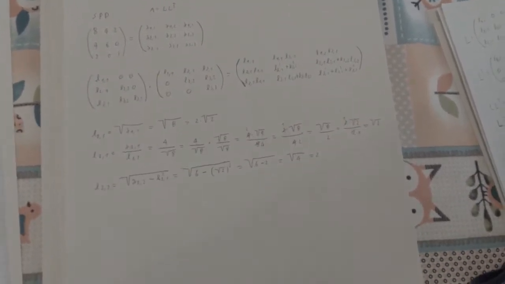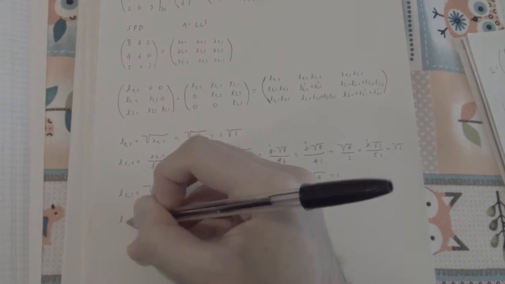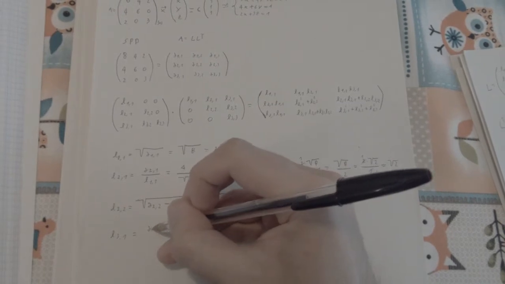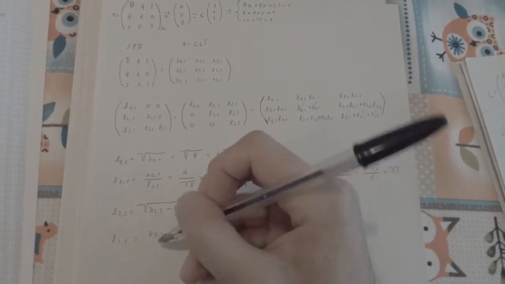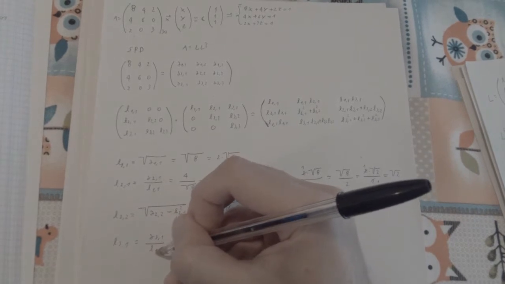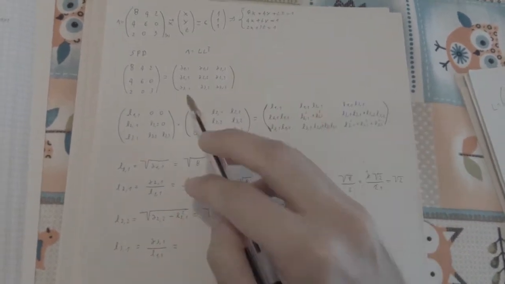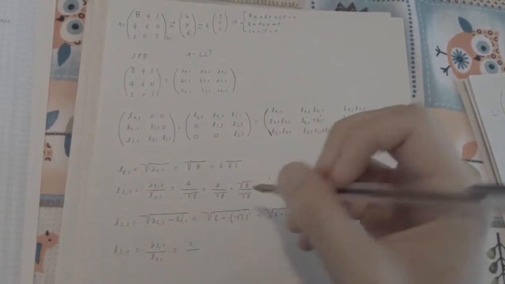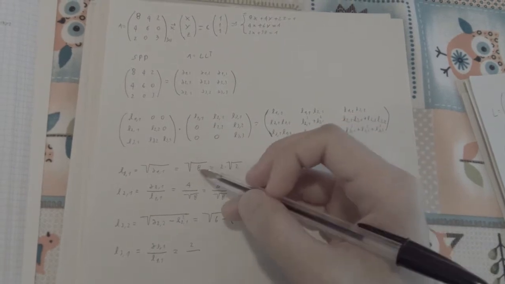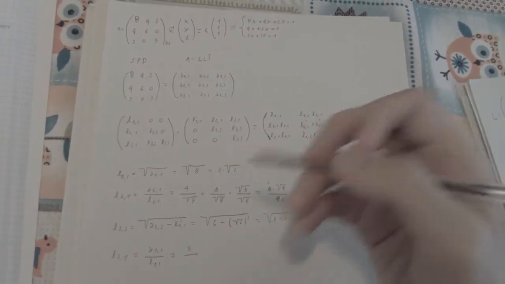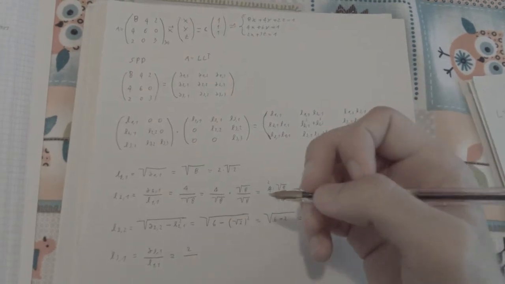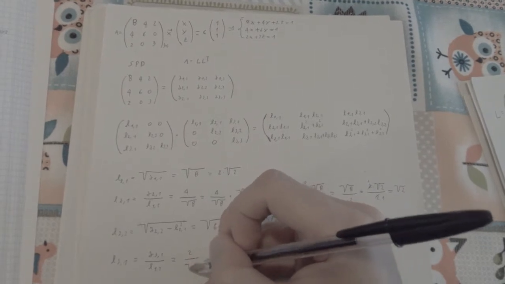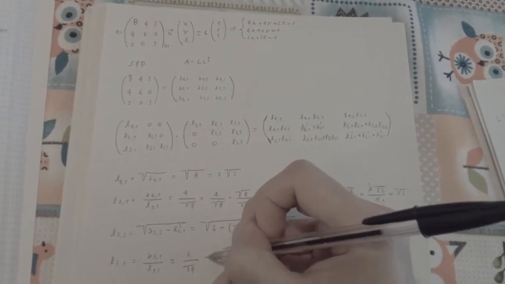Now we are looking for L31. L31 is given by A31 over L11. So A31, which is 2, over L11, which is the square root of 8, or 2 times the square root of 2, it doesn't really matter. So I'm going to use the square root of 8.